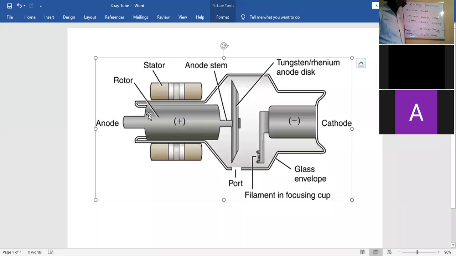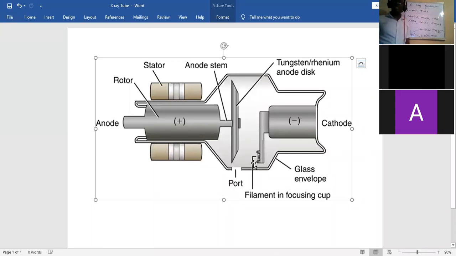This is the stator. This is the rotor. This one is for a rotating tube. It moves round, so at different points in time, the electrons from this filament, this cathode, will impinge on different points on the anode. Of course, this helps in efficient heat distribution.